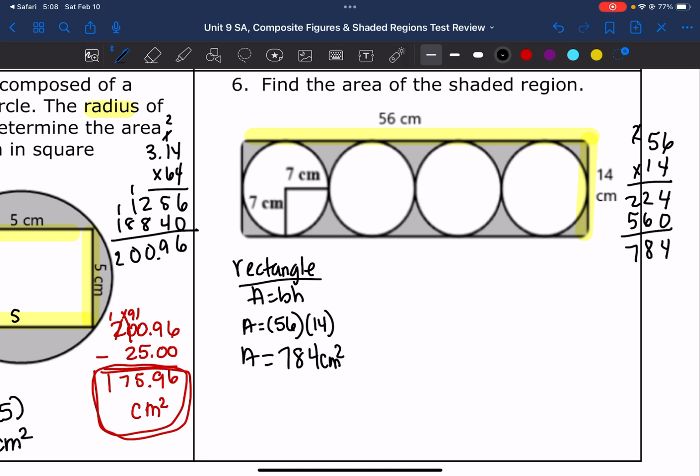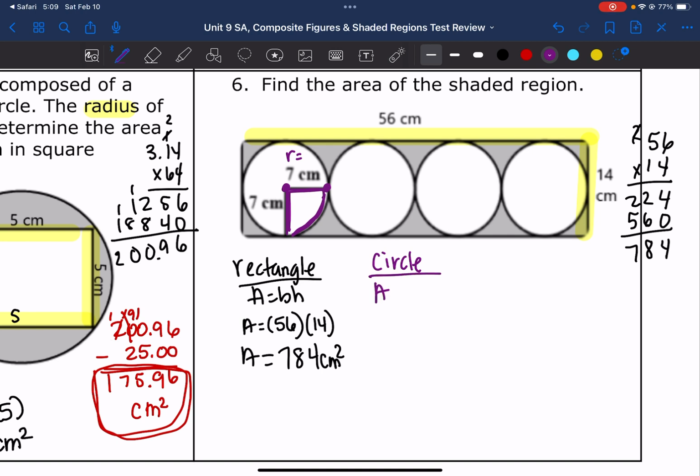Now, here we have to find the area of the circle, okay? Now, there's 4 circles, but I'm only going to find one. And what I want you to pay attention to is this part right here. What I see here is a quarter circle. Now, from center to edge, that's radius. So the 7 is actually your radius, okay?